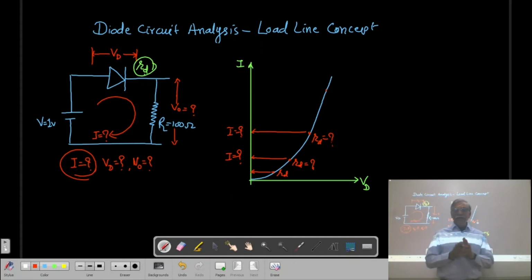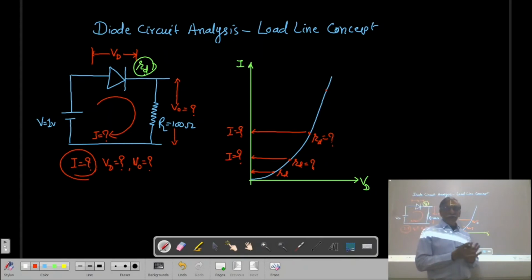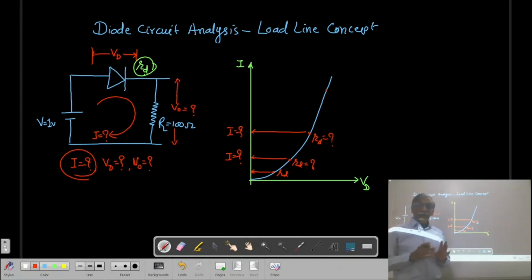So in this situation, we cannot directly apply Kirchhoff's law. We have to use a characteristic curve. And why the characteristic curve, or why can we not apply Kirchhoff's law?